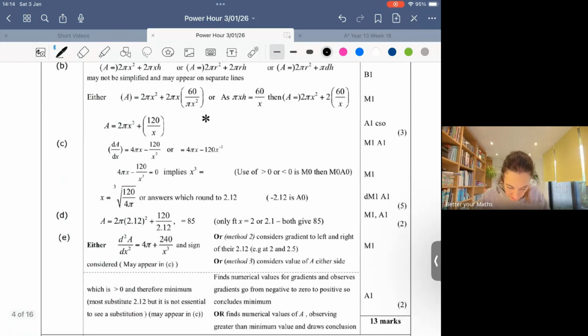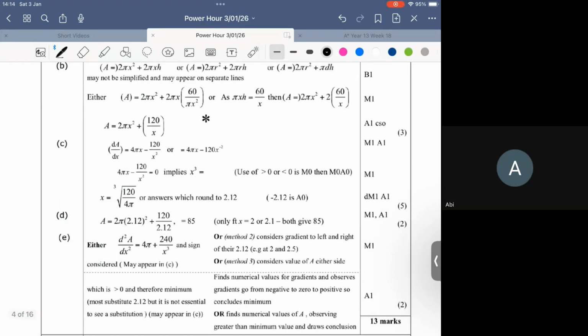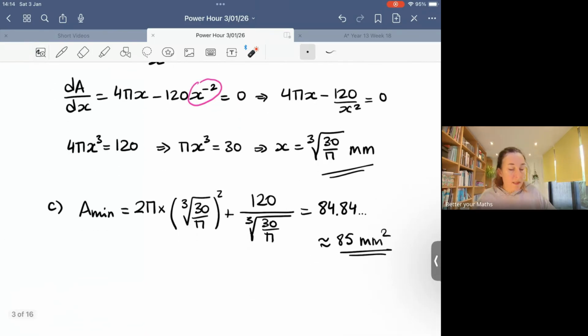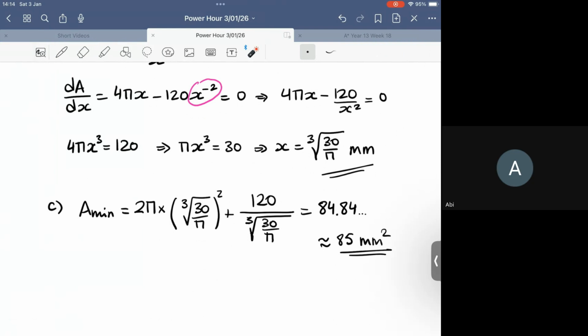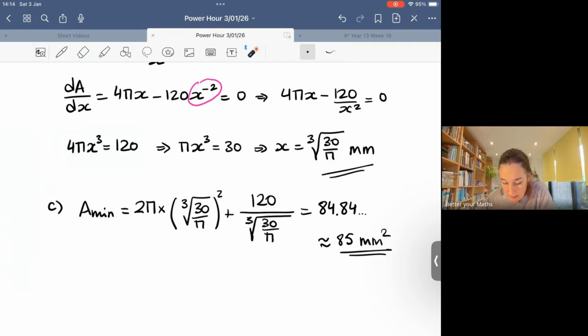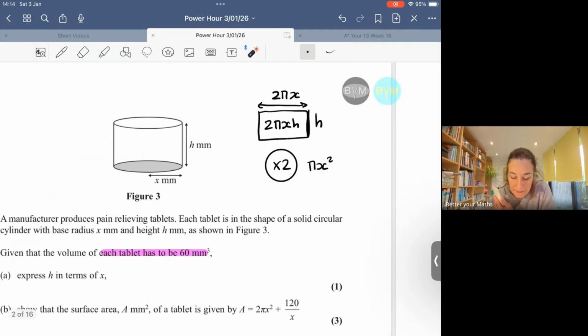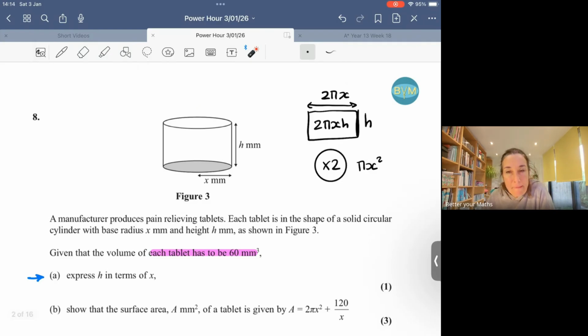Abby, tell me, do you get something different? Do we assume it's in degrees unless they tell us otherwise? We assume what? Sorry? We assume it's in degrees, not radians. Degrees, but we don't have any angle here. What did you mean?